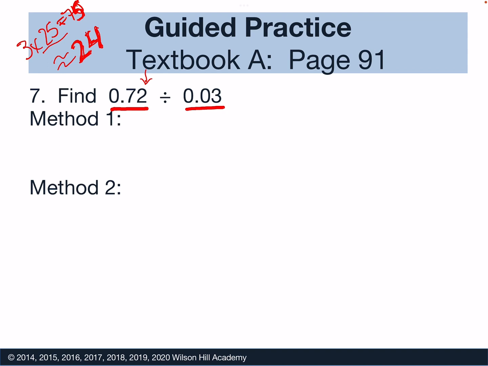All right? So method 1 is to take these numbers and turn them into fractions. So 72 100ths looks like this. And we're dividing it by 3 100ths. And of course, when you divide by a fraction, multiplying by the reciprocal makes it easier to process here.